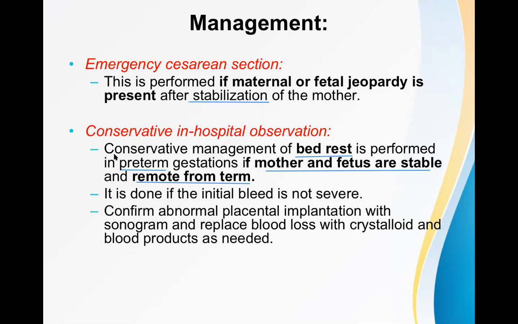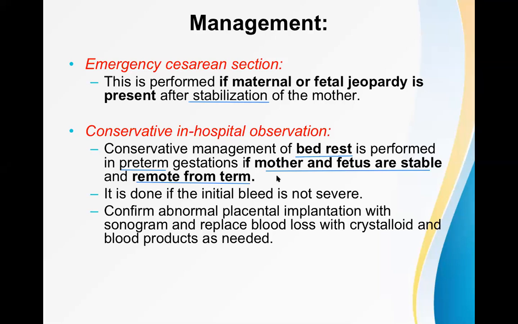Now, this may be a bit of a difficult question for you probably. So all of you, please listen here. Why I am mentioning 34 weeks is that at 34 weeks of gestation, the lung maturity of the fetus occurs. The surfactant is formed at 34 weeks. So if the baby is delivered after 34 weeks, the baby is relatively safe.